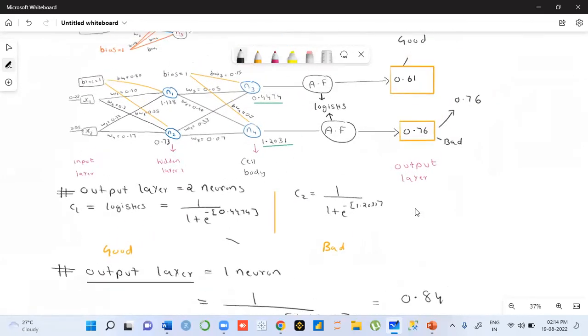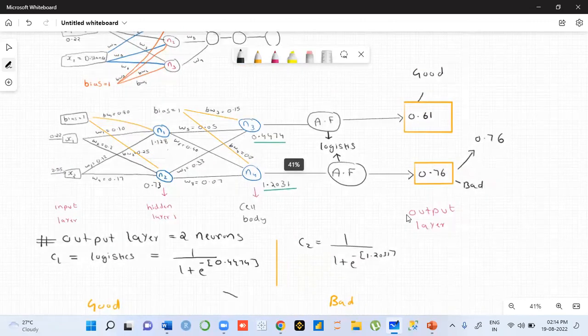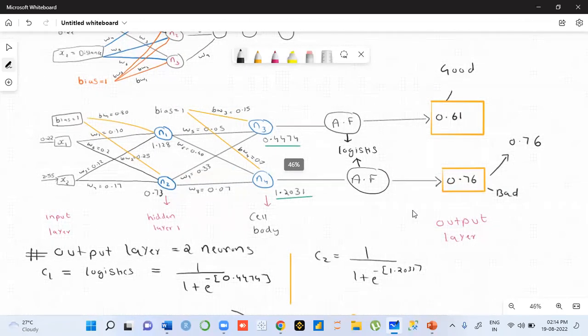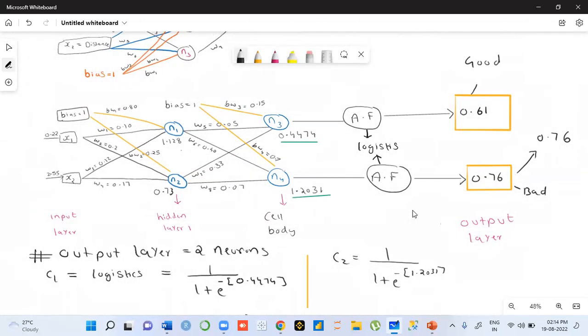Now you tell me, is the concept easy or difficult? Or is the calculation lengthy? Guys, how much calculation did we do? Just multiply and plus. Multiply and plus. Then the new thing is logistic. So logistic gives the answer in terms of probability.